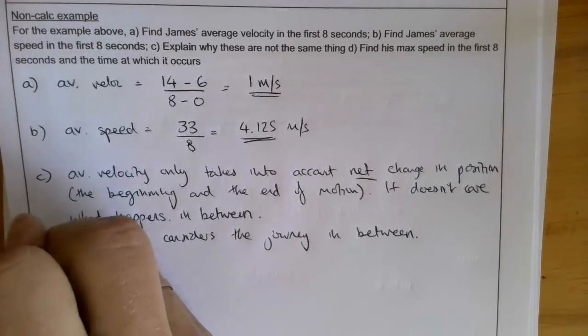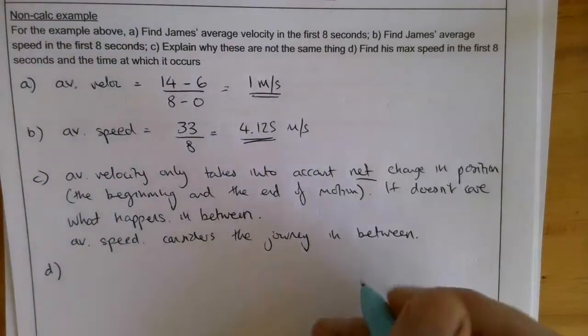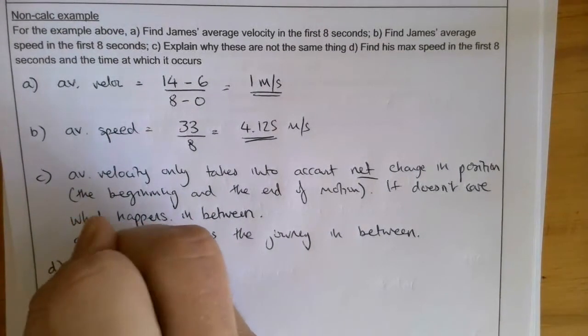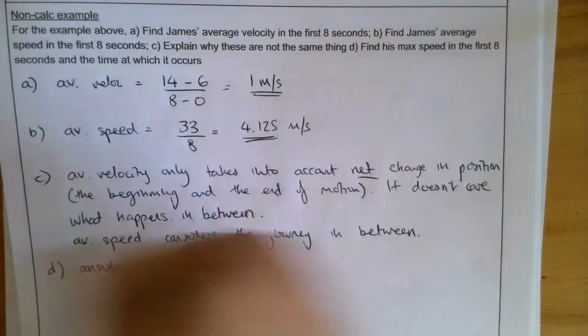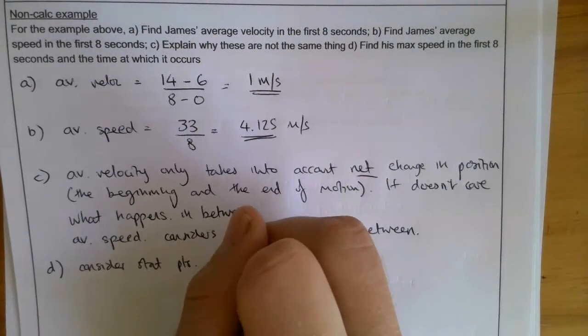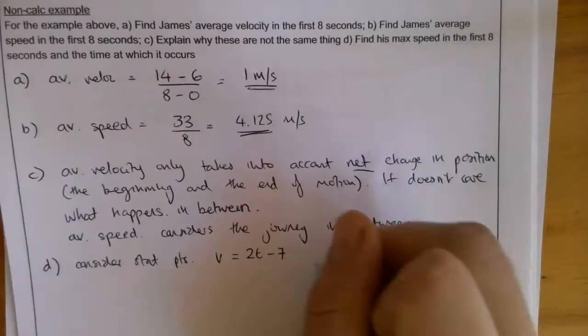Then let's look at part D. Part D says find his max speed in the first 8 seconds and the time in which that occurs. So when we're looking at maximums and minimums, what we're always thinking is that could happen at a stationary point or it could happen at an end point. So the first thing I'm going to consider is stationary points. From my previous work, I had that velocity equals 2t minus 7.